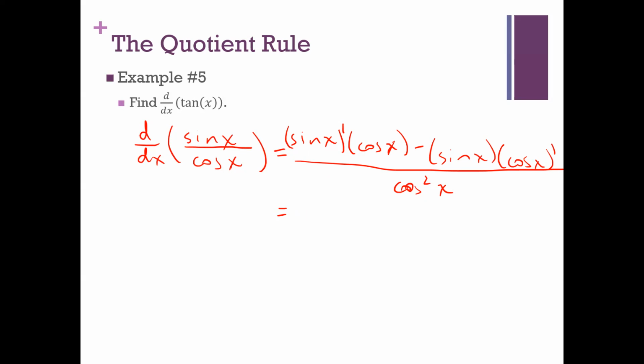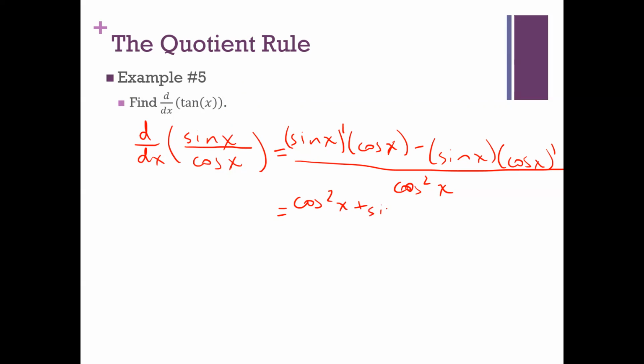Yeah, I'm going to avoid doing that for now, and I'll explain why. Isn't it simplifying to cosine squared x minus negative sine squared? Yeah, so cosine squared x plus sine squared x, right? I mean, that's basically what you said. So the derivative of sine of x is cosine of x, so this becomes cosine squared of x, minus sine of x times negative sine of x.